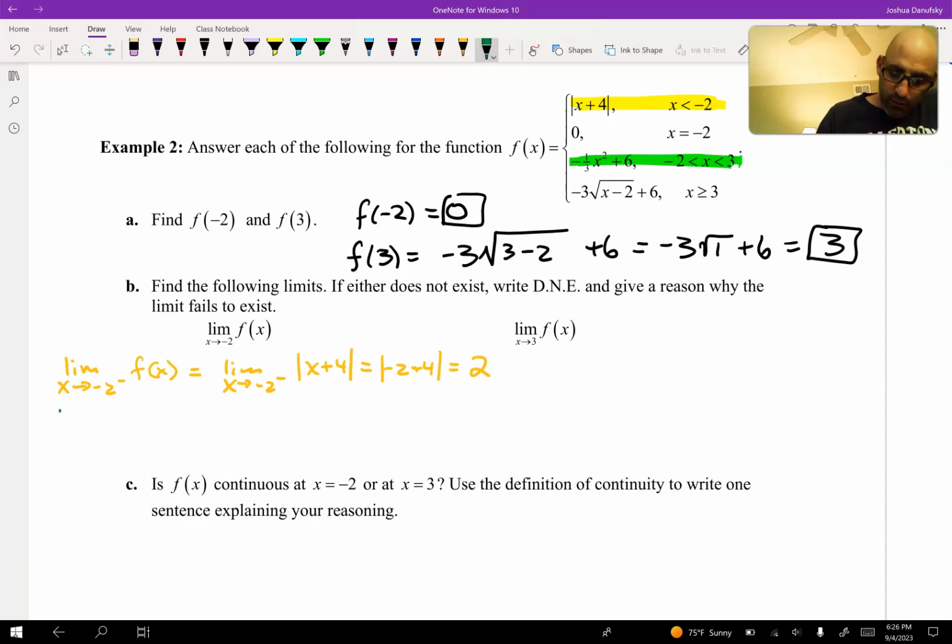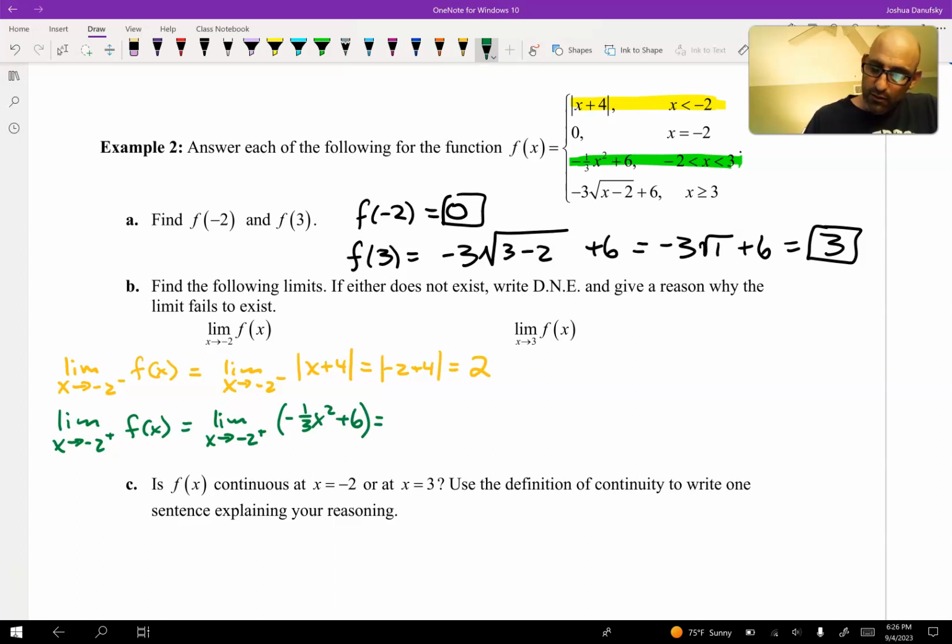Switching over to green, we're taking the limit as x approaches negative 2 from the right of f of x. And again, the reason we're doing this is depending on which side you're approaching on, you have to use different parts of the function, right? The yellow versus the green. So here we're going to have the limit as x approaches negative 2 from the right, but now we're going to use negative 1/3 x squared plus 6, which plugging in negative 2 is going to give us negative 1/3 times 4 plus 6.